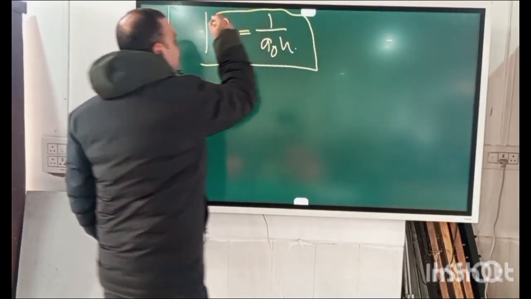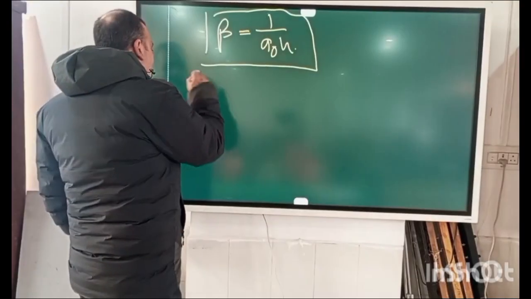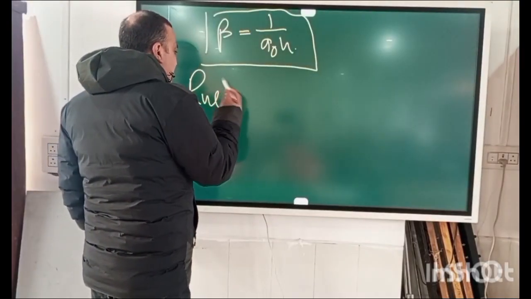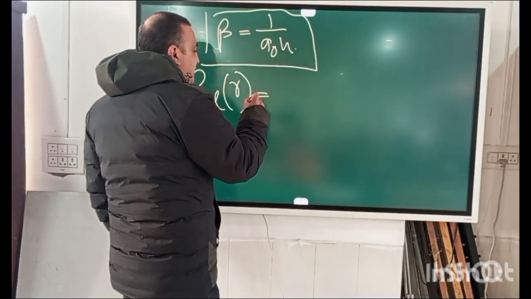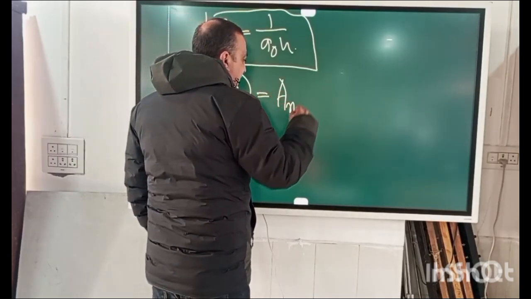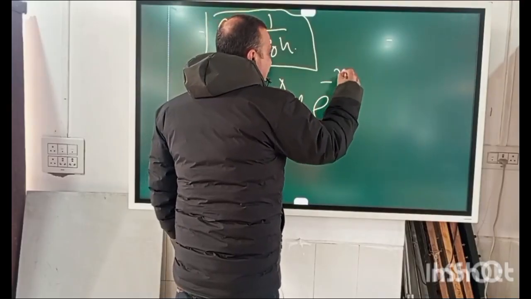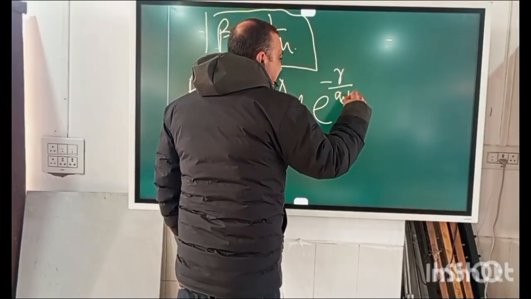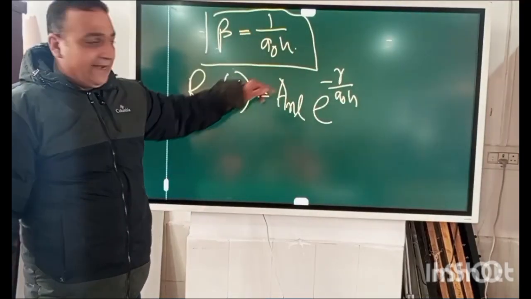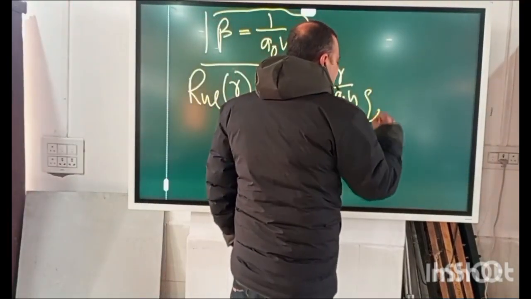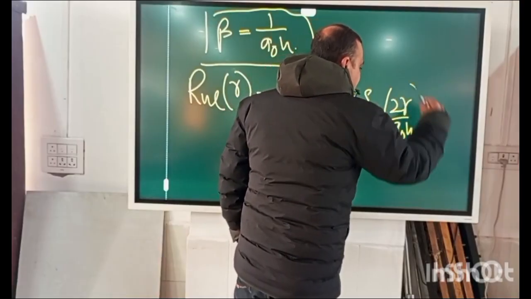Now I can write down the solution in terms of r. That is R n l, and it is the function of small r, as we all know, equal to A n l, and then e to the power of minus r by a naught n, because for beta I'm using 1 by a naught n.